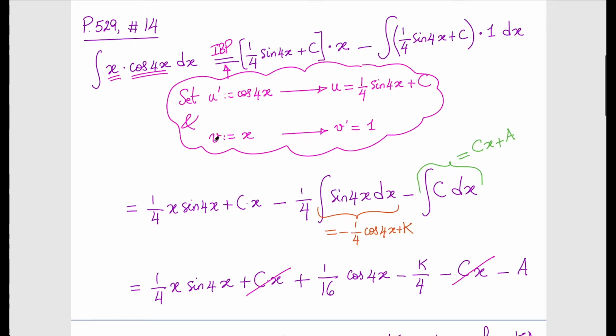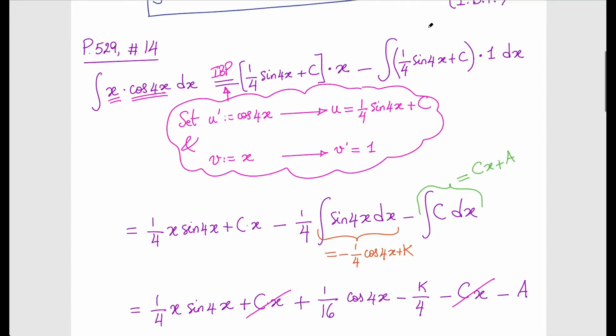What if we chose v prime to be x and u to be cosine 4x? We could have then, if v prime is x, then v would have been x squared over 2 plus a constant, correct? And we could have, instead of moving on to an integral which is that simple, gotten another integral which has to do with x squared over 2 times something like this here plus a constant.